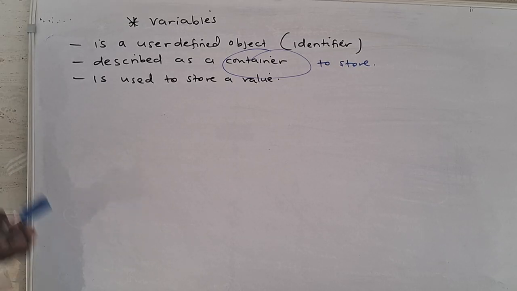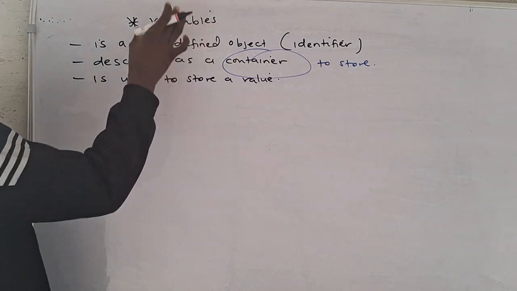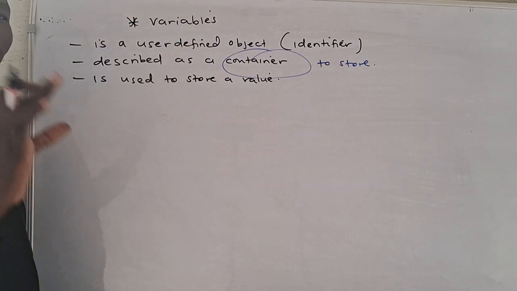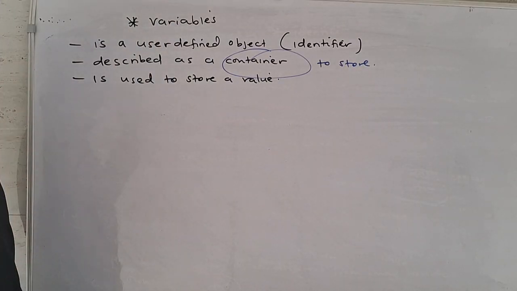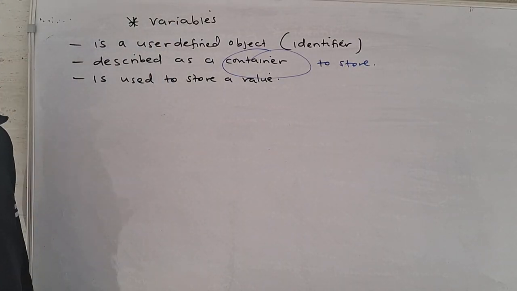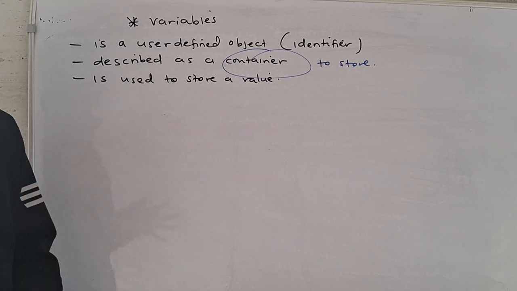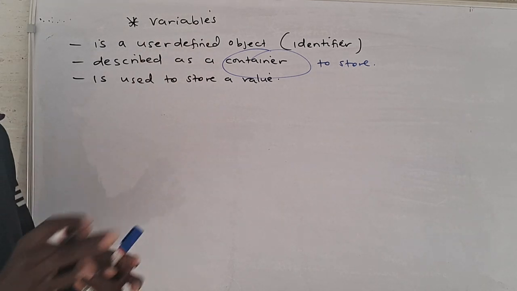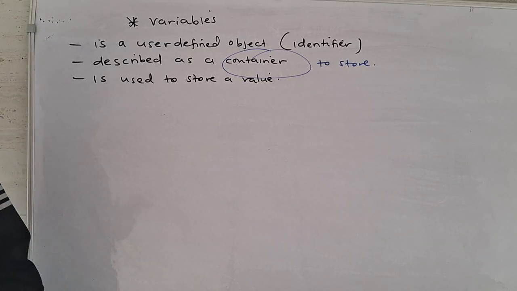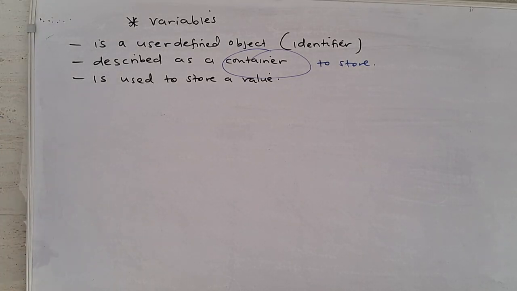You have many numbers. You want to store these numbers. We are going to store these numbers in variables. At least try to understand. This is very, very important. If you want to store any value, we are going to use a variable to store values. Let's move on to the next part.